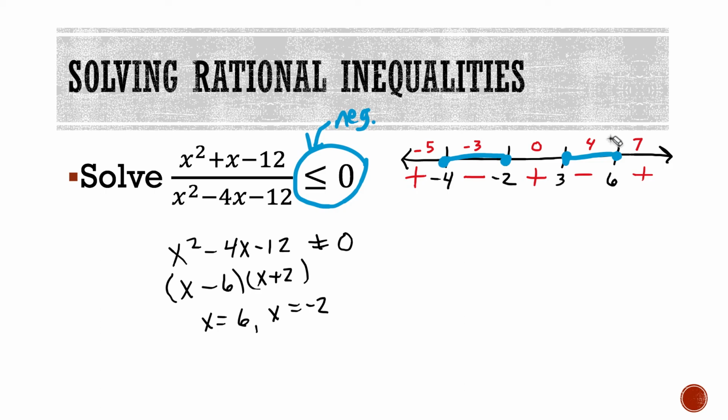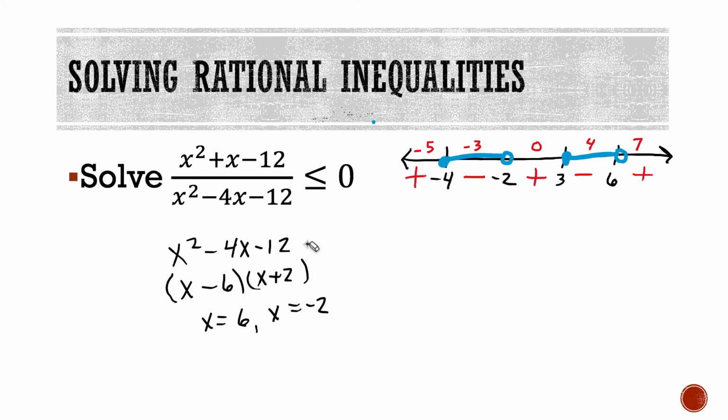So what I'm going to do is come back to my graph, and in place of that solid circle on the 6, I'm going to have to put an open circle. And again, I have to do that because if I include 6 in the answer set, then I'm going to have an undefined value in my fraction. I'm going to need to do the same thing on the -2. So that solid dot that we originally put there needs to come in and be an open circle, because -2 would cause the denominator to equal 0.